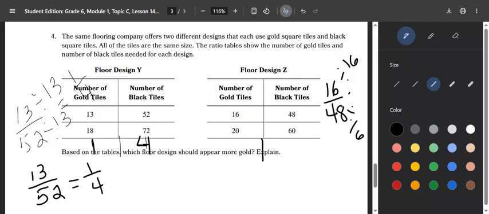And that's going to give me 1 over, because 16 divided by 16 is 1, and 48 divided by 16 is 3.